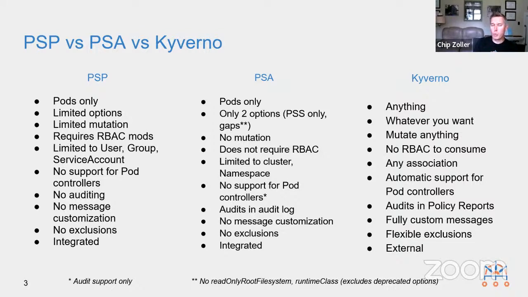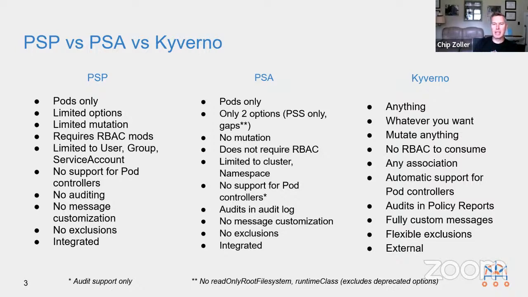Kyverno, we have what's called rule auto generation. So if you write a rule for a pod, there's nothing else that you need to do. Kyverno is going to, behind the scenes, automatically translate that and apply it to any of the major Kubernetes pod controllers that are out there. So if you have a policy, let's say, do not run as privileged, and you say match on pod only, I don't want any of my pods to run as privileged, all you got to do is create that in the cluster.